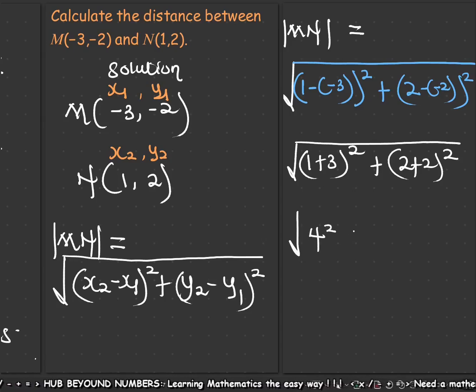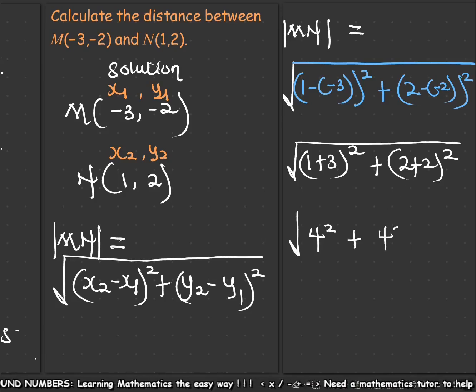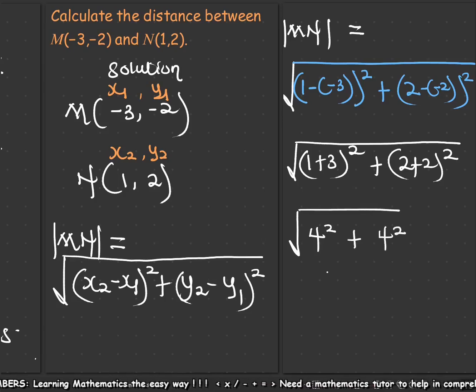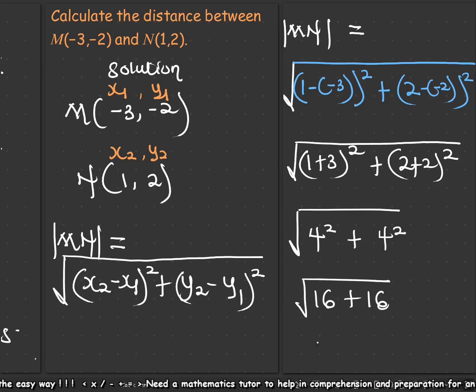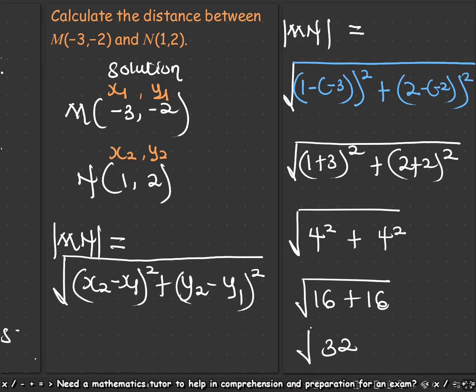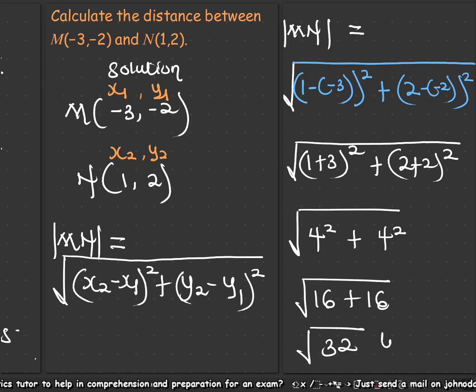So 4 squared plus 2 plus 2, which is also a 4 squared. Hence, we have the square root of 16 plus 16. And we know 16 plus 16 gives us 32. So we now have a square root of 32. The square root of 32 units. You get it?